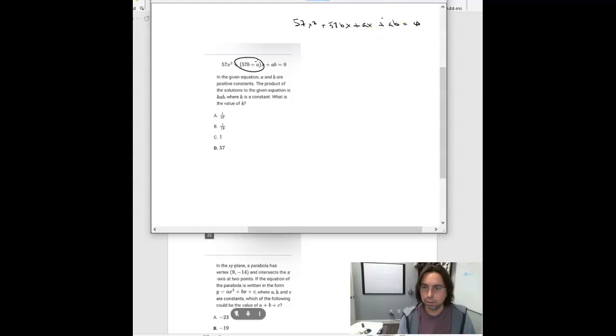Looking at this, this is where we have to use the grouping: we have to look at these terms here and then these terms here.